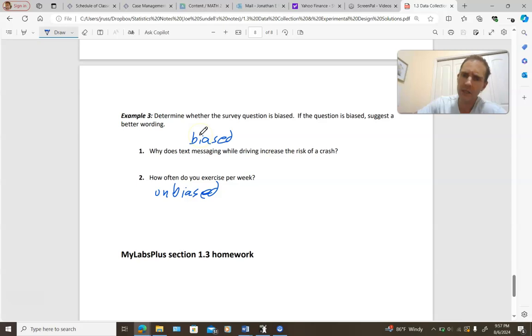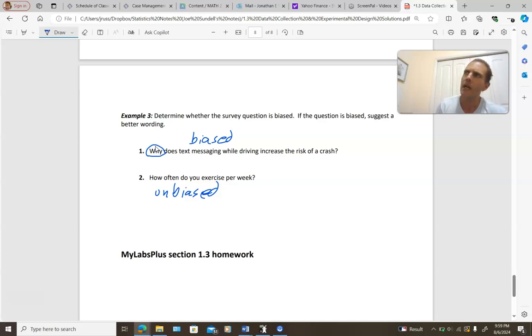Number 1, though, it says if it's biased, suggest a better wording. Let me think about this just for a second. All right, so for this one, there's not a whole lot I think we can do. I think it's this word right here. Why does text messaging while driving increase the risk? Using this word already implies that it does. So a better way might be to just simply say, does text messaging while driving increase the risk of a crash?